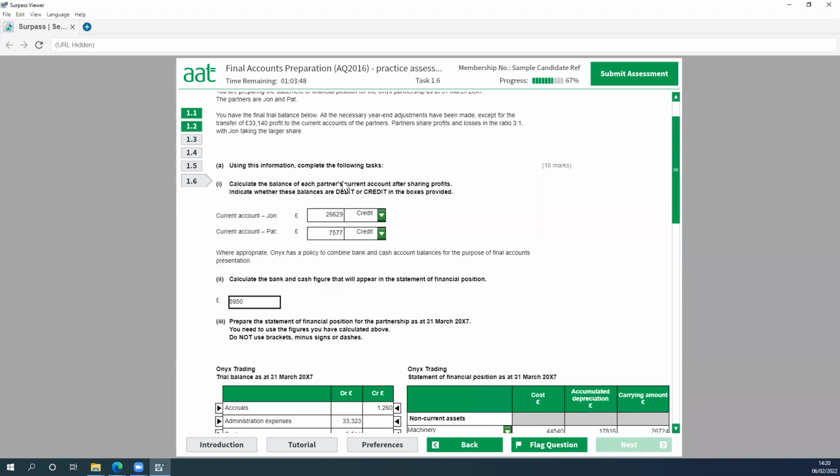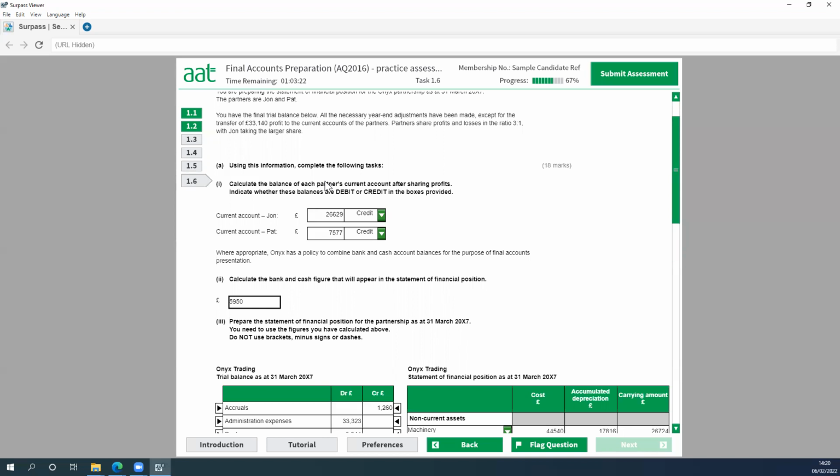So we've got the profit that we're going to share, 33,140. I'm going to multiply that by 3 and divide by 4, because when you've got a ratio of 3:1, you add them together, so 4 is the total. 3/4 of it is for John, and 1/4 of it is for Pat.